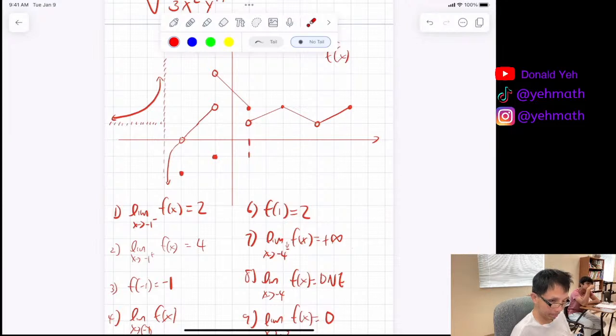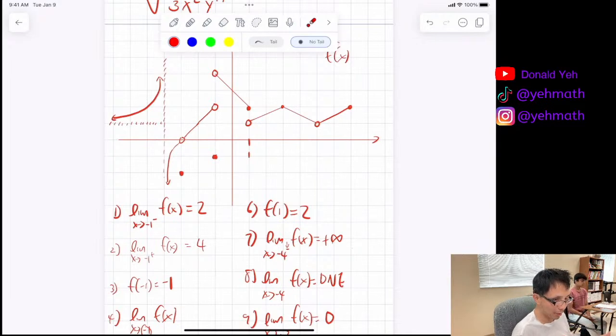Will number 7 be undefined? Number 7 is not undefined. Number 7 is going to positive infinity, but it's not the same on both sides. Yeah, but it's -4 from the left side. That means I only look at one perspective. -4 from the left side is going up like this. -4 from the right side is going to be negative infinity.